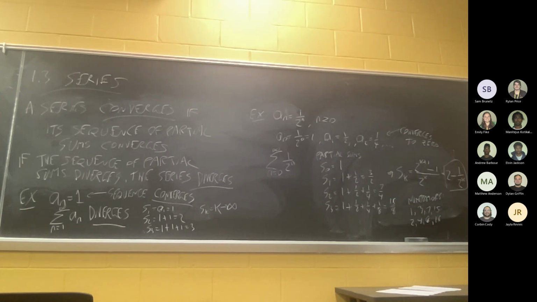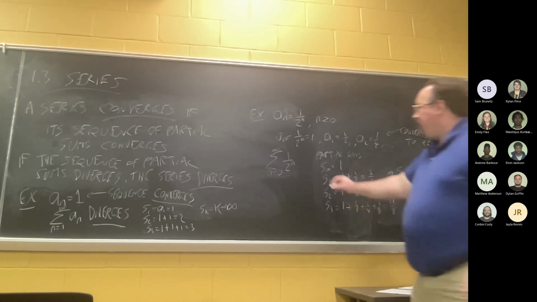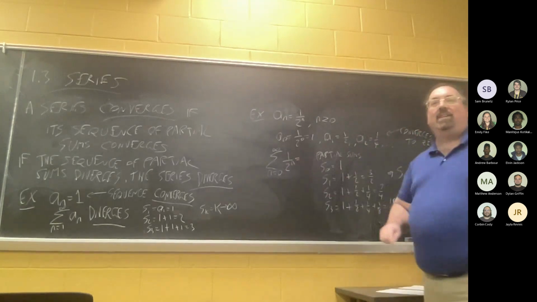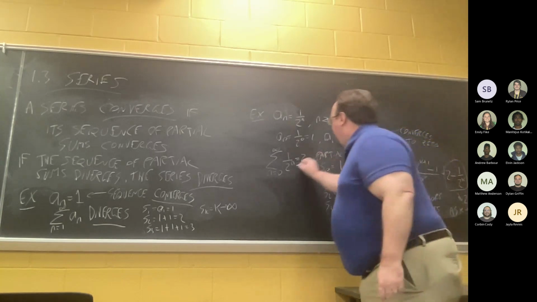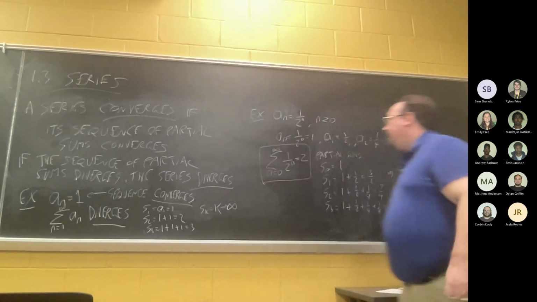Yes, because the number 1 over 2 to the k is getting smaller and smaller. So the sum of this series is 2, the limit of the sequence of partial sums. So this converges to 2 as k goes to infinity, and we can conclude that the sum of this infinite series is 2.